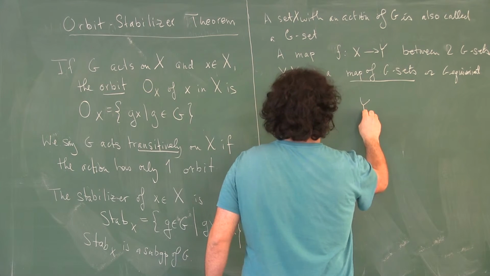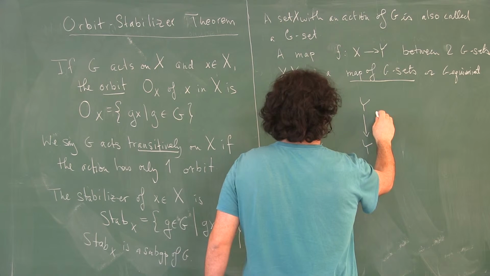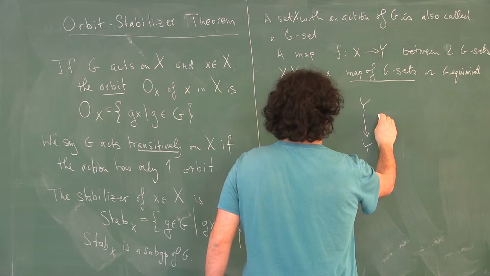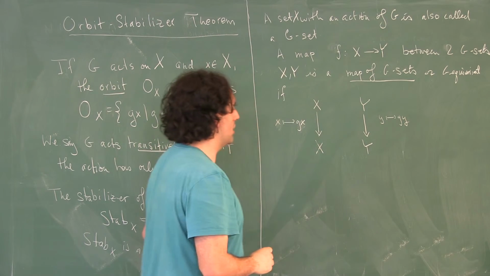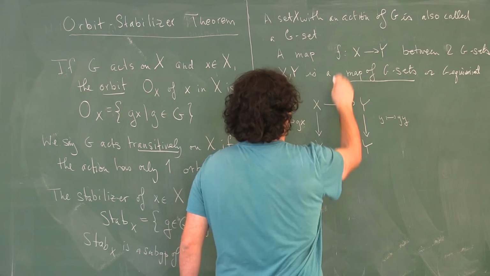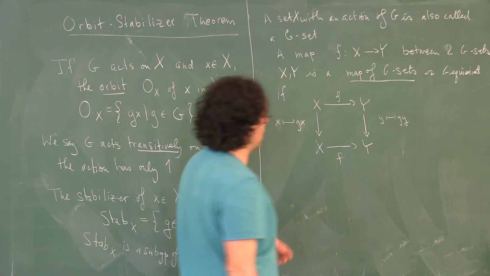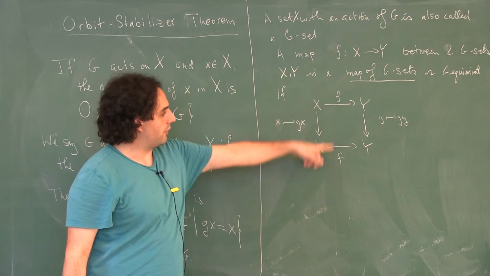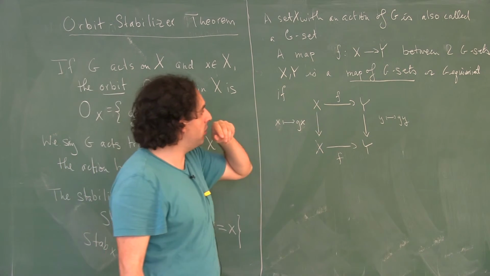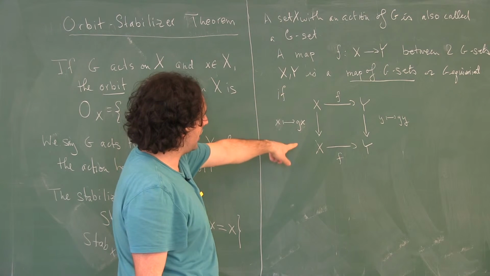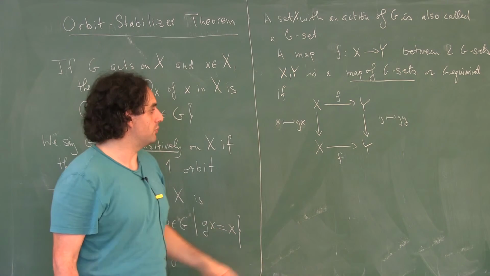I similarly have a map from Y to Y that takes an element little y to g dot y. I have a map from X to Y, that's my F. By putting F on the two horizontal arrows, I obtain a square. And now I'm asking that this square should be commutative.